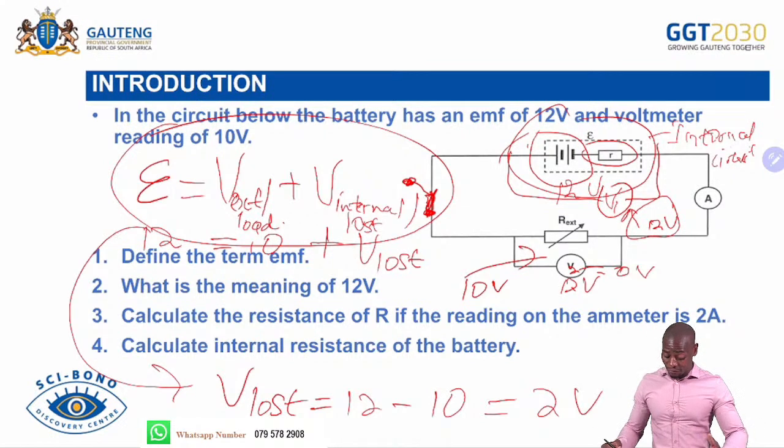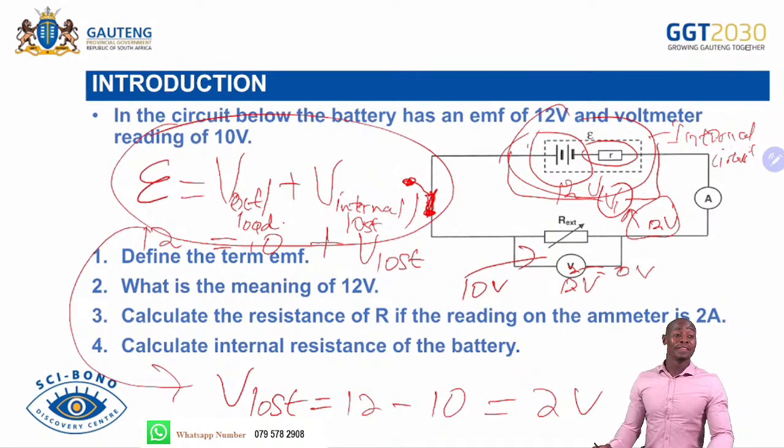Then the external circuit, for example, where we have the ammeter and the external resistance. Your EMF now will be divided into V external and V lost. V external is the potential difference used by components in the external circuit, and V internal is used by the battery. Okay, so this is what is going to happen.